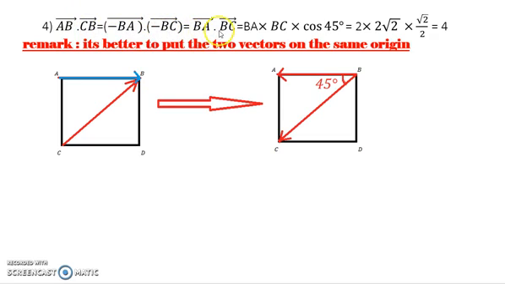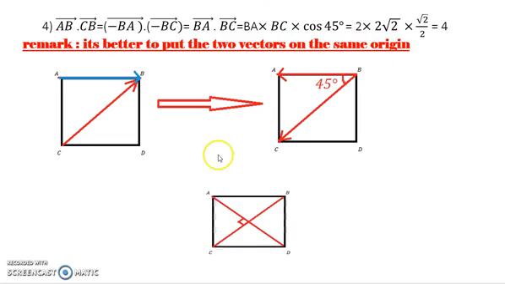Then we get two vectors having the same origin. Apply the rule of the dot product: BA vector dot BC vector is equal to BA times BC times cosine of the angle between these two vectors. Replace each side by its value, and we get that BA times BC times cosine 45 is equal to 4. Remark: it's better to put the two vectors on the same origin.